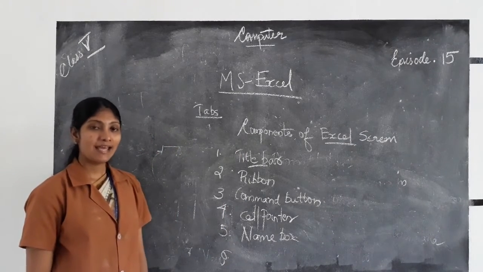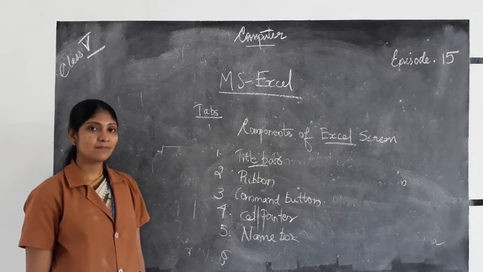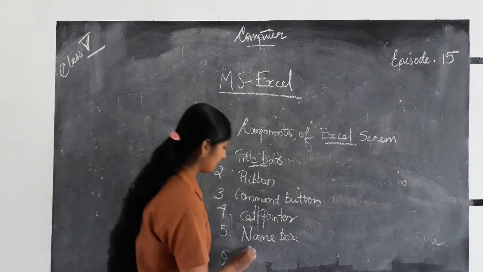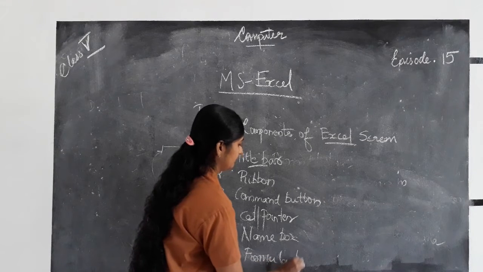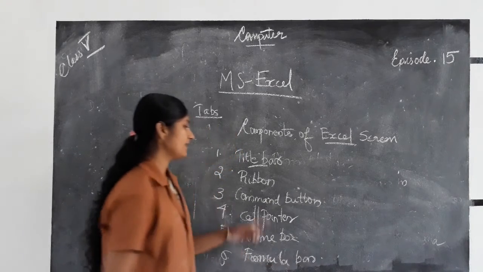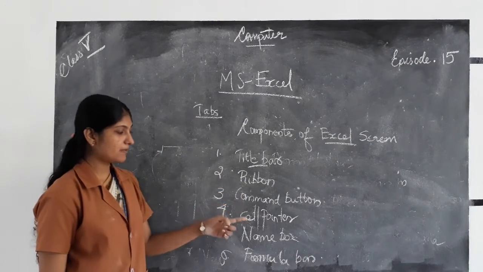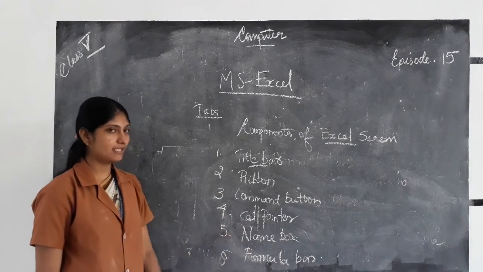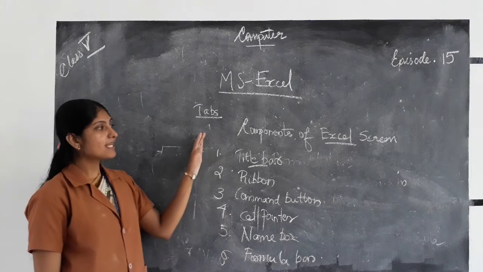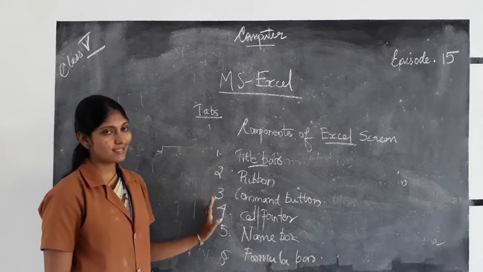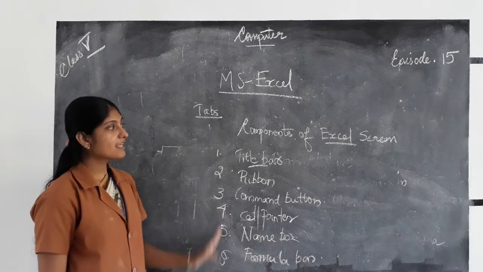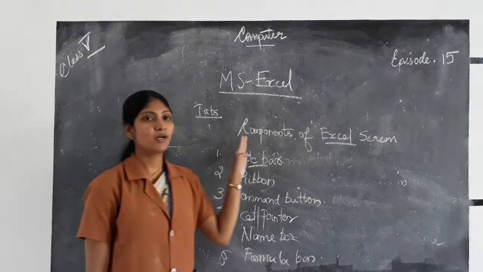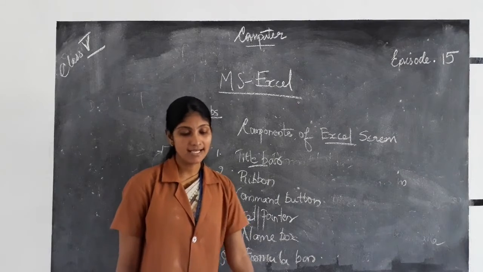You can see and edit the contents we have typed in the cell, that is formula bar. So first title bar, ribbon, command button, cell pointer, name box and formula bar. So these are the components of Excel screen. There are 6 components, and these are the main important components present in the Excel screen.